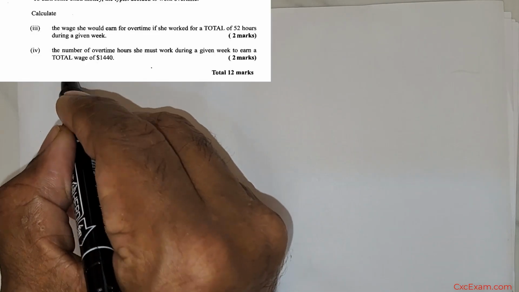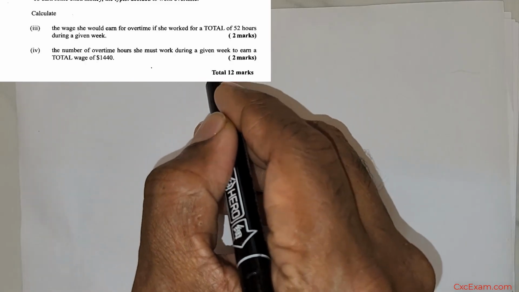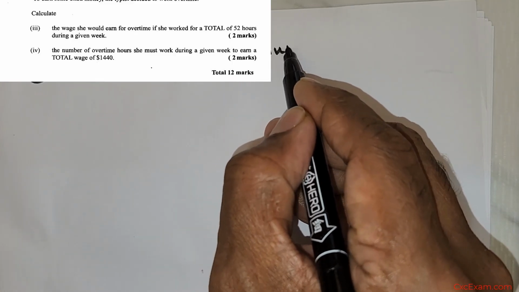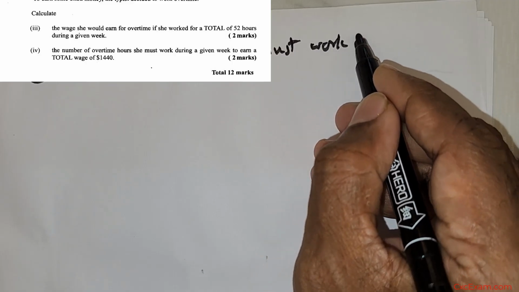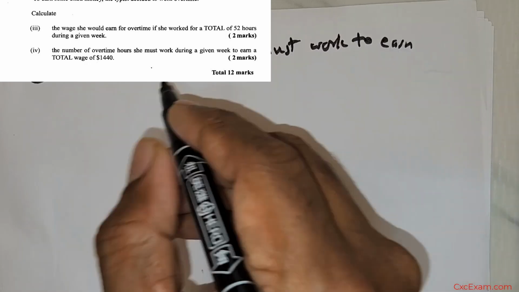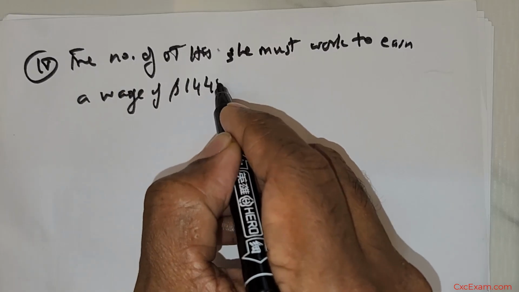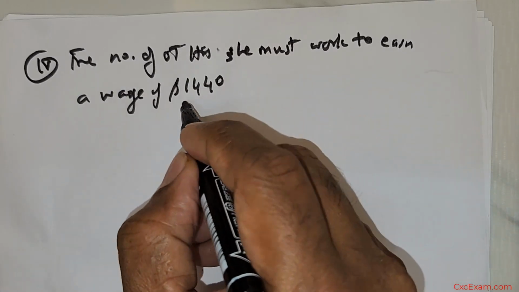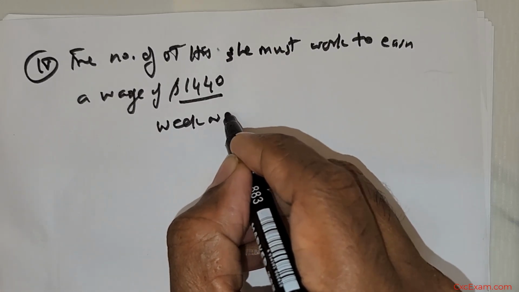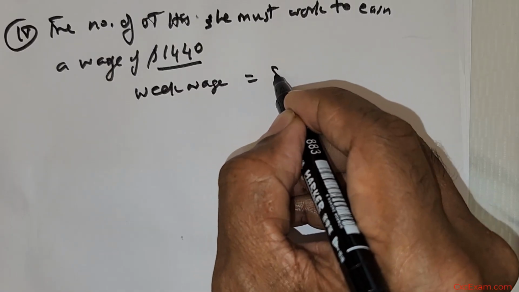This is the last part. The number of overtime hours she must work during the week to earn a wage of $1440. Now what is the weekly wage? The weekly wage she gets is $900.